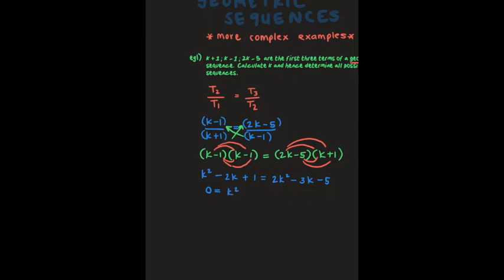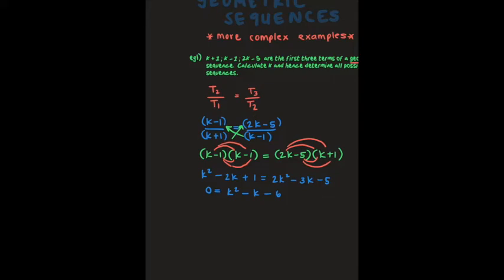We have a quadratic equation here, so we need to collect the terms. 2k squared minus k squared will be 1k squared. Negative 3k plus 2k, because now it's on the right hand side, will be negative k. Negative 5 is going to be minus 1 since it's now on the right-hand side, so negative 5 minus 1 is minus 6.